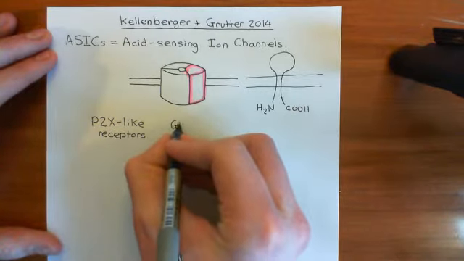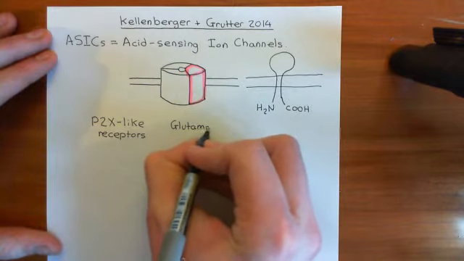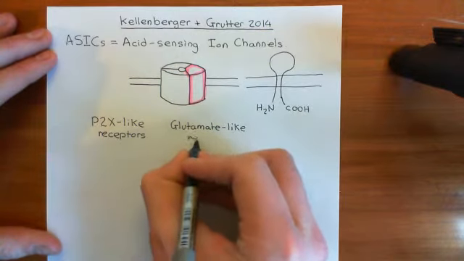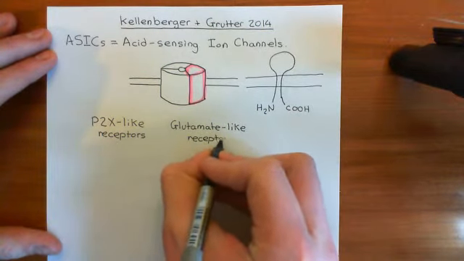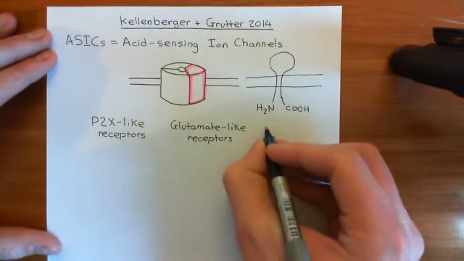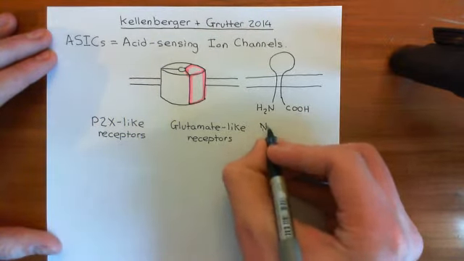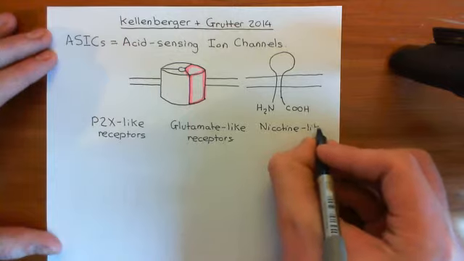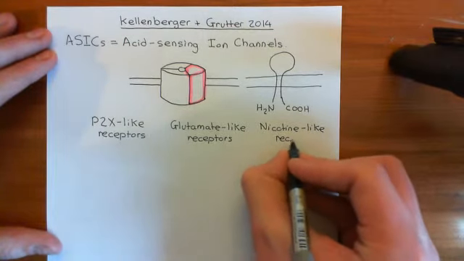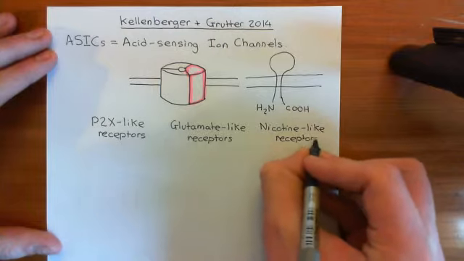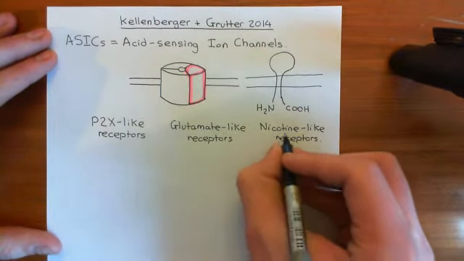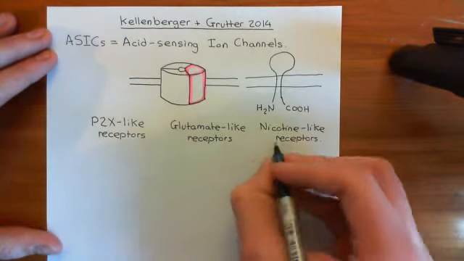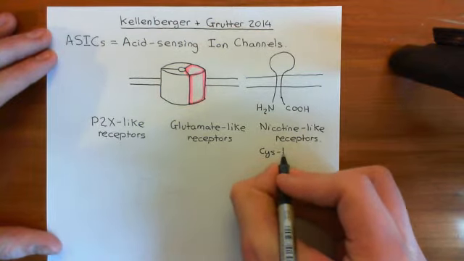Then there is the glutamate-like receptors, which contains the AMPA receptors, the NMDA receptors, the kainate receptors, which are all ligand-gated ion channels. And then finally there's also a family known as the nicotine-like receptors, which has an old name as well, which is probably the name that's more often used, the cis-loop ligand-gated ion channels, so named because it is definitely known that they have a cis-loop within their extracellular domain.